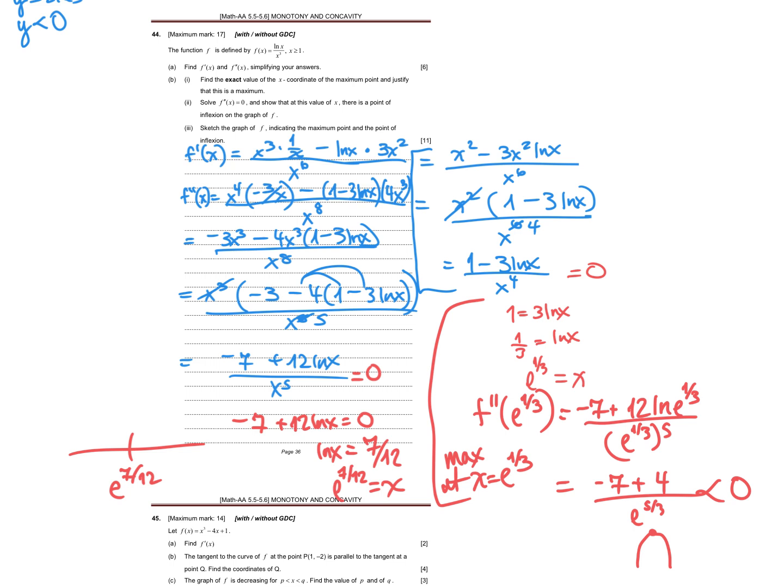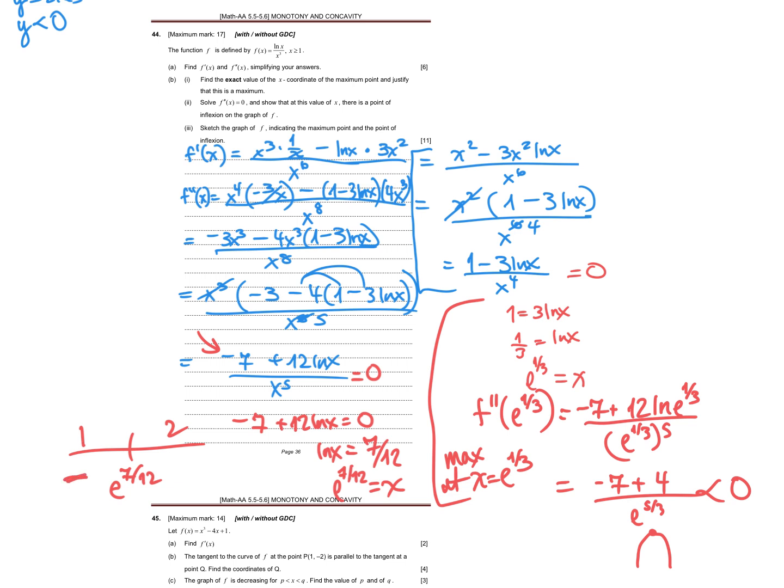So if you don't know, just put it in the calculator. So we can check at 1 and 2 in the second derivative. So the first one into this thing is going to be negative 7, and then natural log 1 is 0. So the 12 natural log x goes away. So we're going to have a negative over a positive.